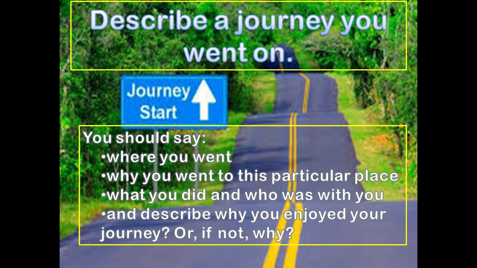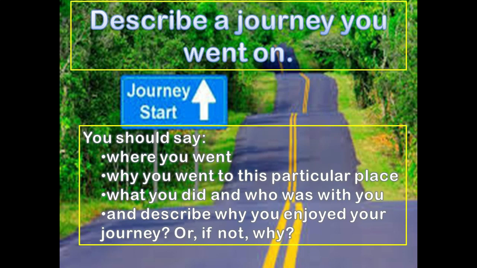In the first bullet point, where you went, you should describe the route of the journey, from where you started to which spot, which destination you went. Why you went to this particular place: if you have a reason, it's adventure, something special about this place that you have to describe in this point.